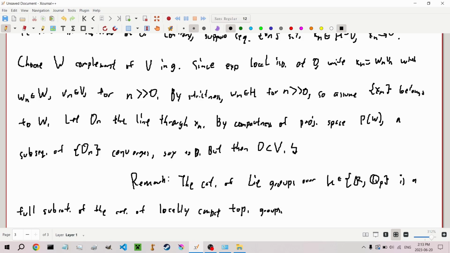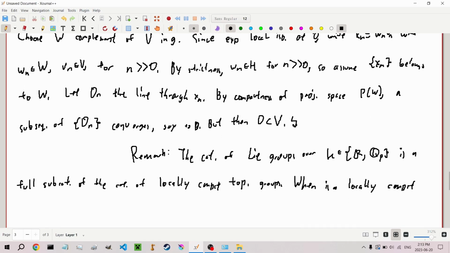So then, when is a locally compact topological group a real or p-adic Lie group? And because we've seen that if the structure of a Lie group exists on a locally compact topological group, it is unique.